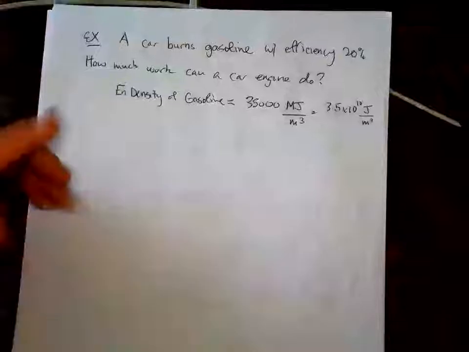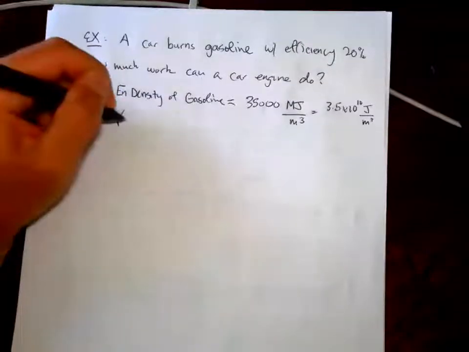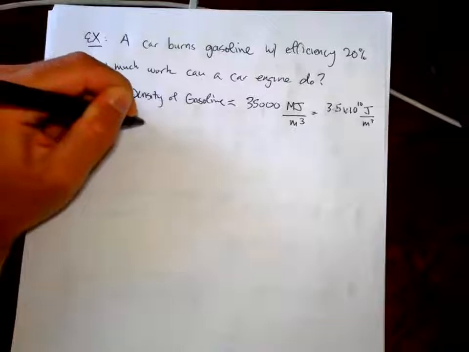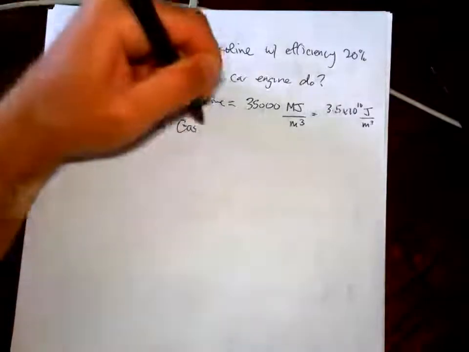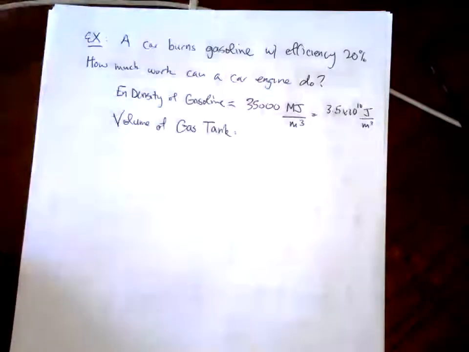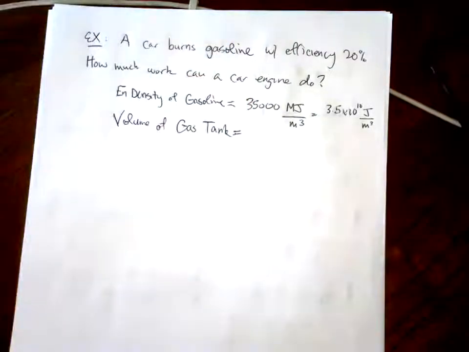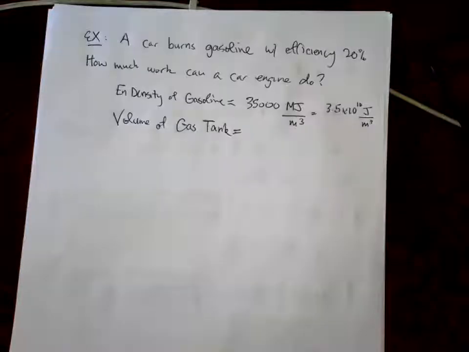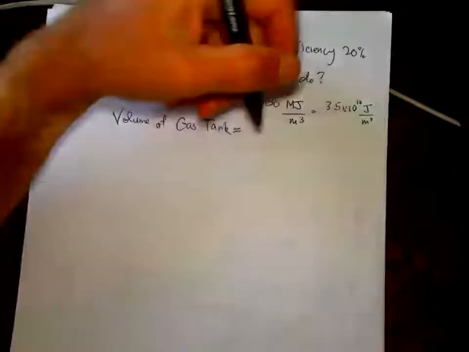Now let's think about it. What is the volume of a gas tank? Well, it depends on the type of car you have. So I'm going to use my car, which is a Prius C, and it has a gas tank that's 10 gallons.